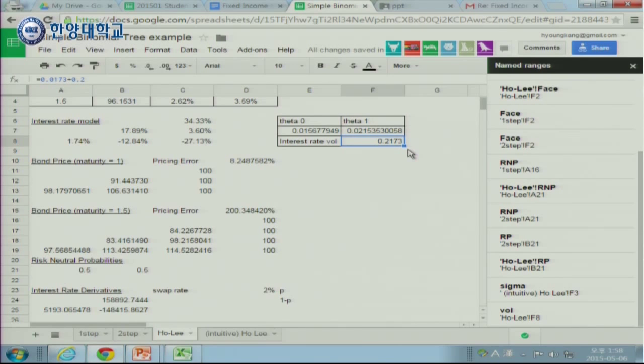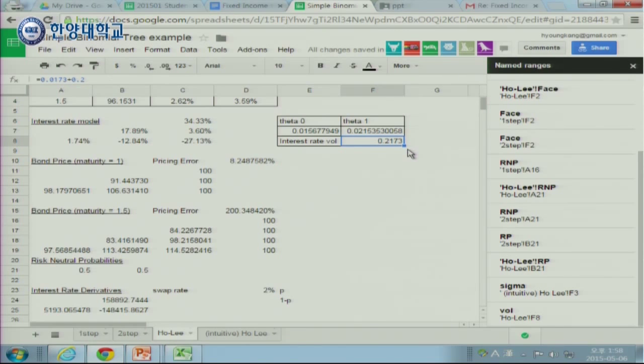But let's assume that we expect a lot of interest volatility in the future because of quantitative easing and Brexit, uncertainty in China and in the European market, and geopolitical risk everywhere. So let's assume there is huge interest rate volatility.